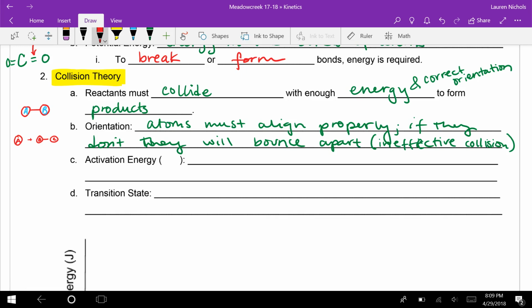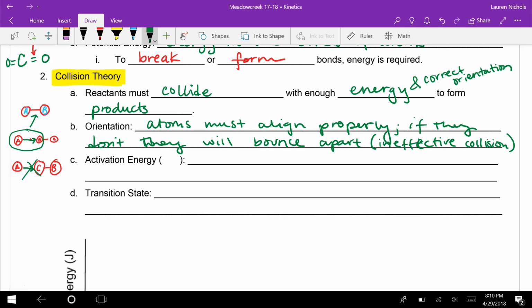Well, if atom A were to collide with atom B right here, they could, in theory, form this compound, right? But if we have the same atom A, but we switched C and B, they were oriented differently. Maybe someone turned them around in space, right? If A were to hit here, then they couldn't form AB. So they would just bounce apart. That would be an ineffective collision.